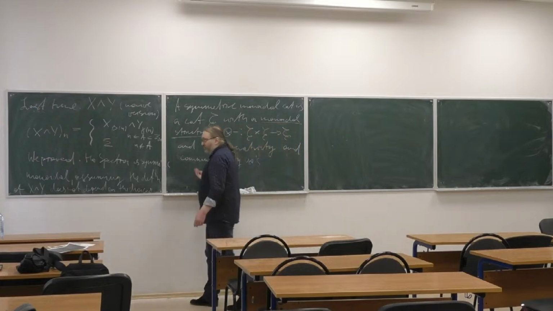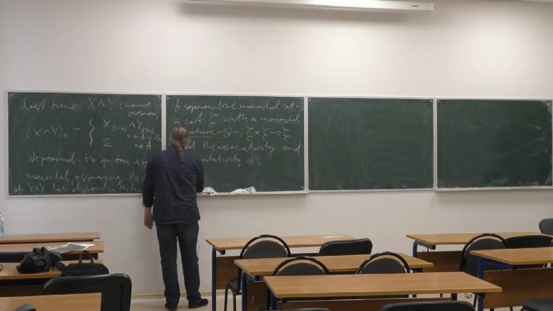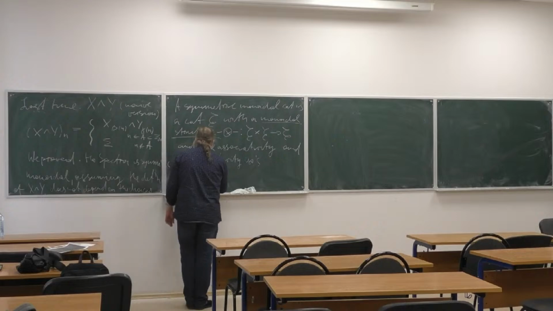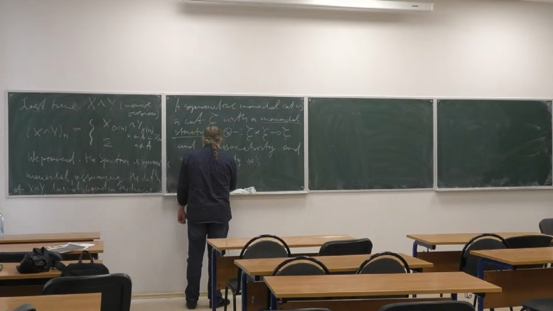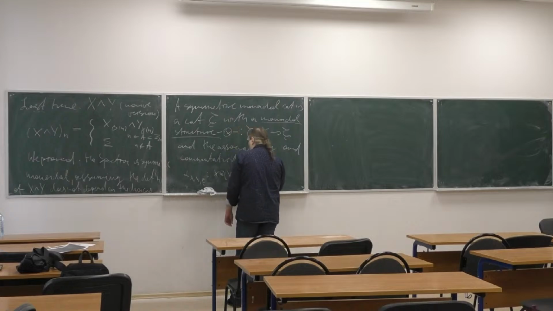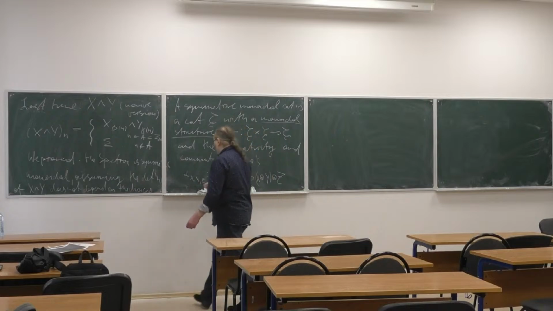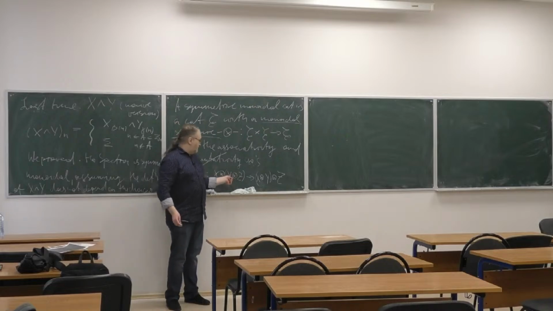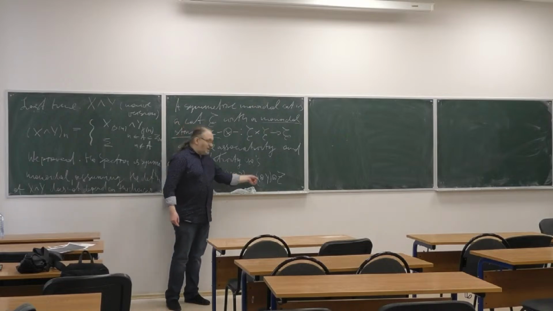Well, these are self-explanatory. The associativity isomorphism goes from x tensor y tensor z to x tensor y tensor z.